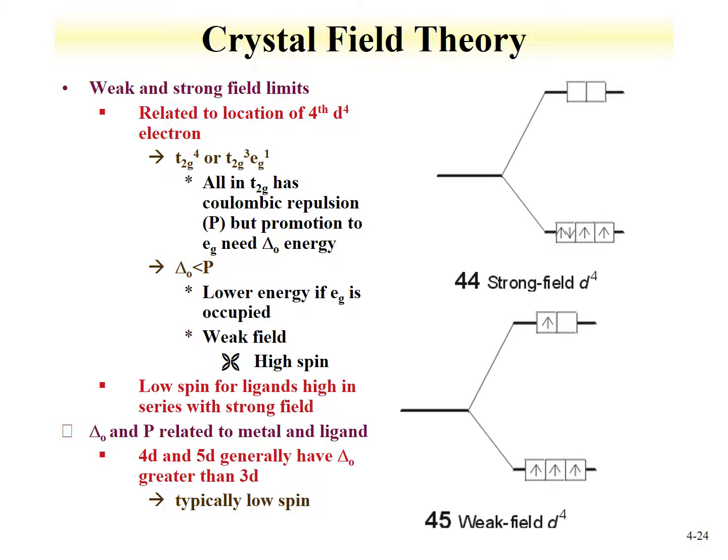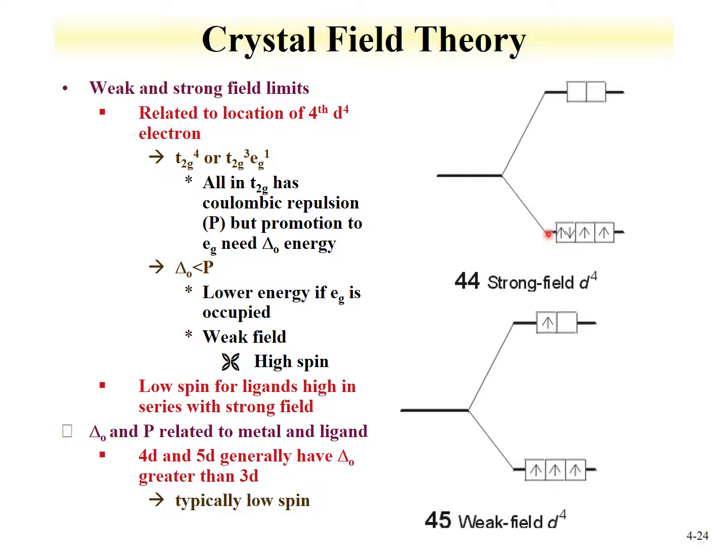The strong and weak fields can really be best examined by evaluating the location of the fourth d electron. So if we look at a d4 system, we can fill the orbitals two ways. These are our T2g, here are our eg orbitals.